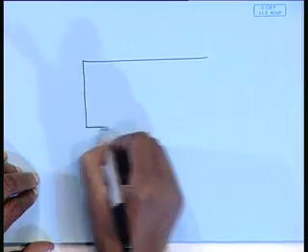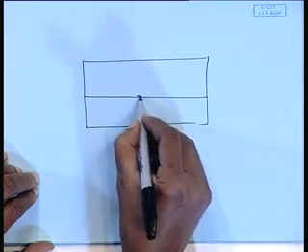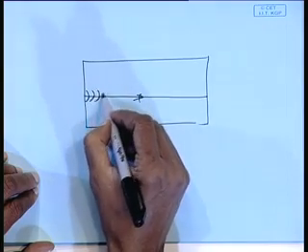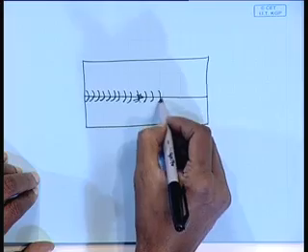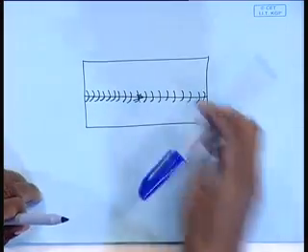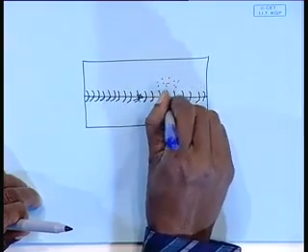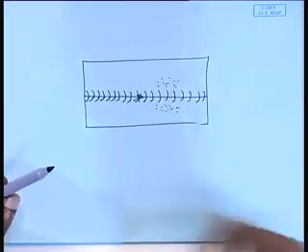Then spatter. Spatter itself is not a defect. Say this is my weld line, that means along this the welding has been done. Say a butt welding has been done, that means two flat plates have been welded, and you see in some location there are a lot of small metal droplets.